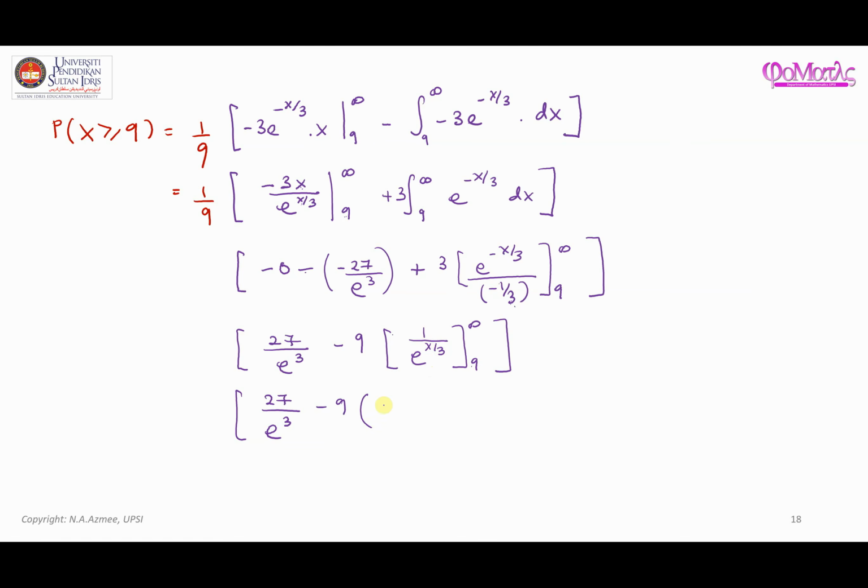So 1 over such a large number is going to be 0, minus, if you substitute 9 into this part here, you will get 1 over e^3. Next you can have 27 over e^3. Negative, negative is going to be positive, so positive 9 over e^3. That can also be simplified to 27 plus 9, which is 36 over e^3.